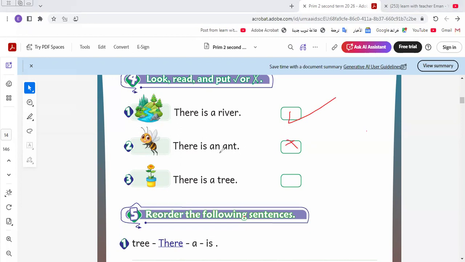Is there an ant? No, it's not an ant. It will be B. Is there a flower? We can see a tree, not a flower. So I say it's wrong. It will be wrong. Let's continue the rest of the exercise.